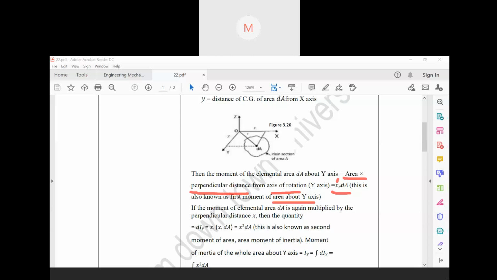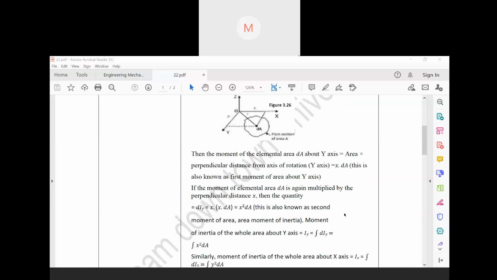Now if this moment of elemental area dA is again multiplied by the perpendicular distance x, that means initially you take the area and multiply it with a particular distance, and again with another distance. So the multiplication is done 2 times, and then you get the second moment of area or area moment of inertia. Just remember these terms.